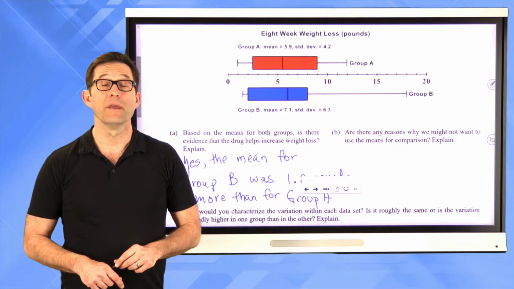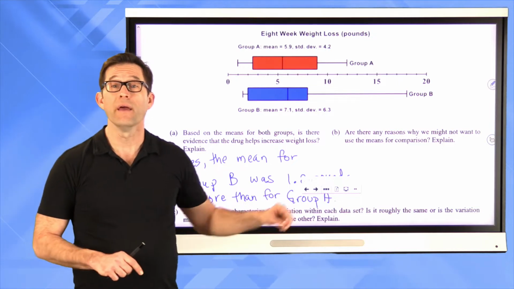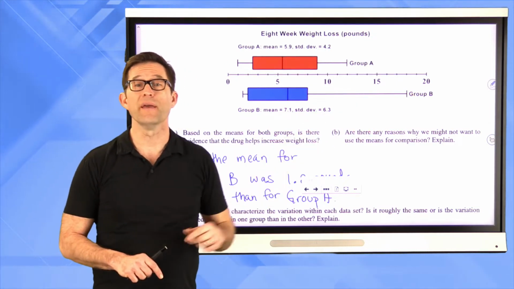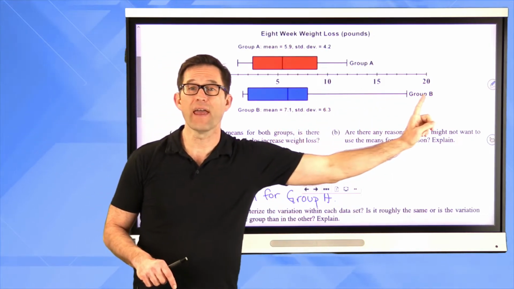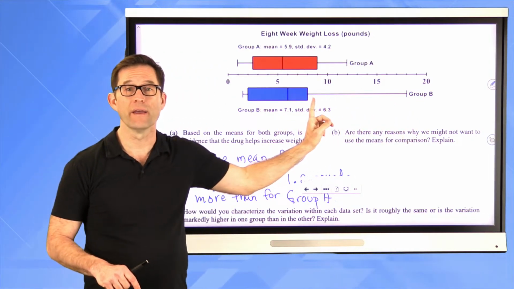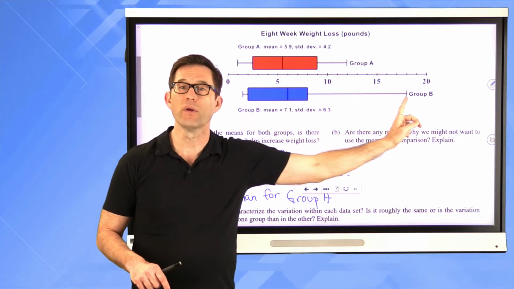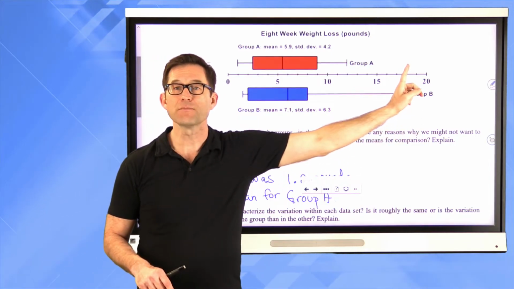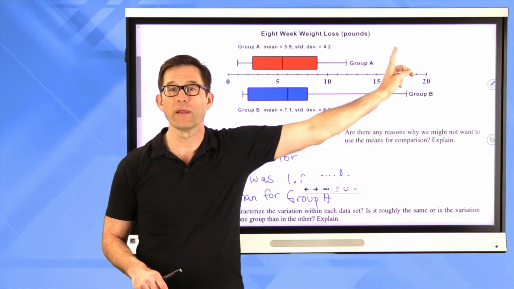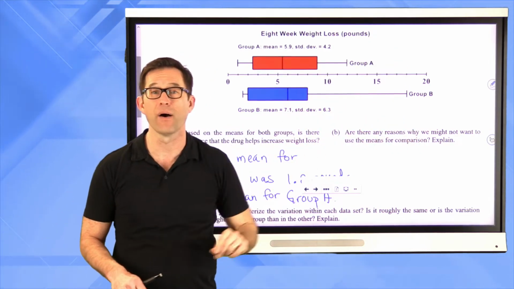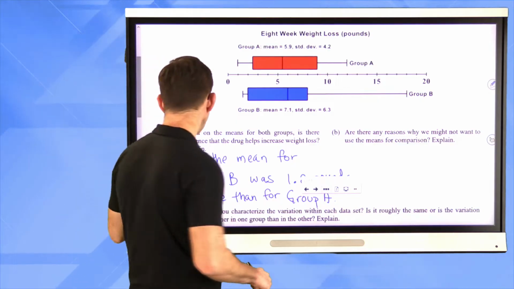Well, the answer would be yes. The reason is that it appears that Group B has an outlier in it. Look at the length of that tail on this box plot. That tail is really far out, indicating that this person seemed to lose 18 pounds. The maximum weight loss in Group B was 18 pounds. That looks like it's an outlier.